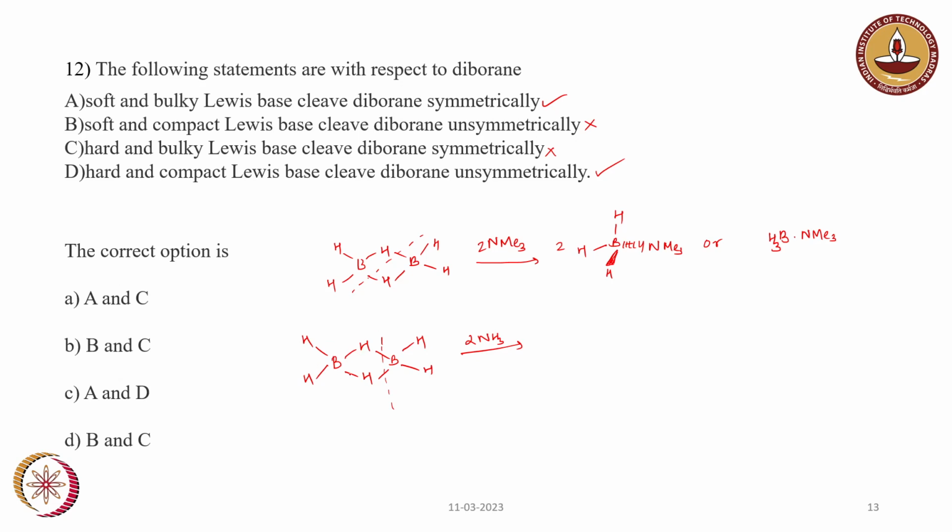So one boron will have 4 hydrogen and the other will be having only 2, and it will form BH4 minus and BH2(NH3) twice plus. So option C is the answer.